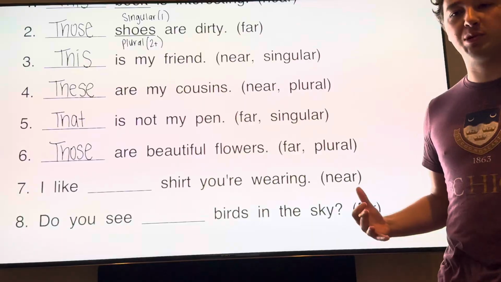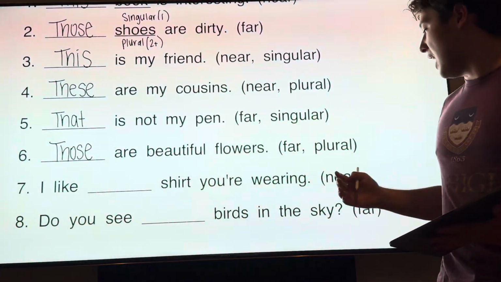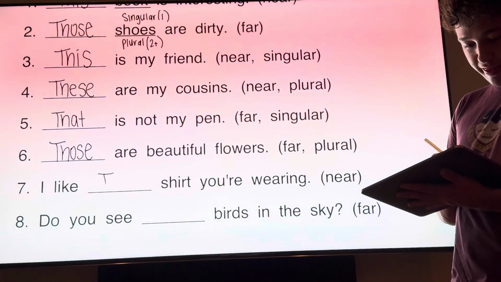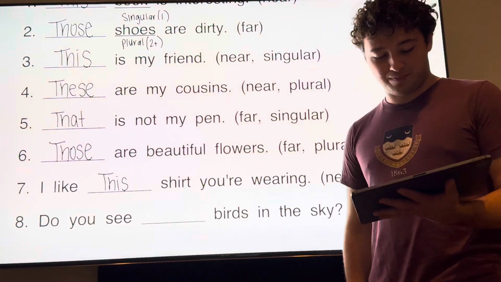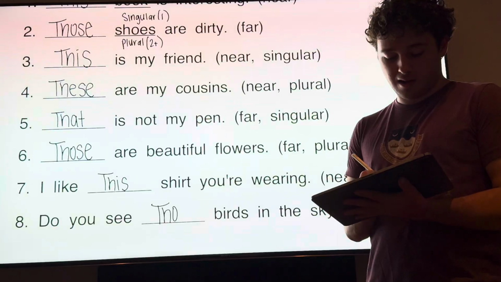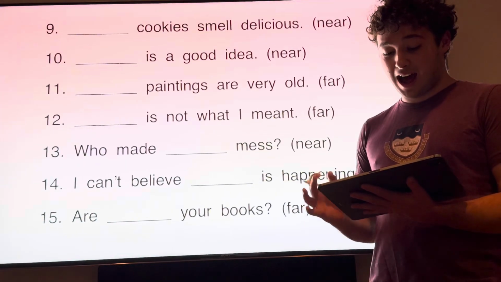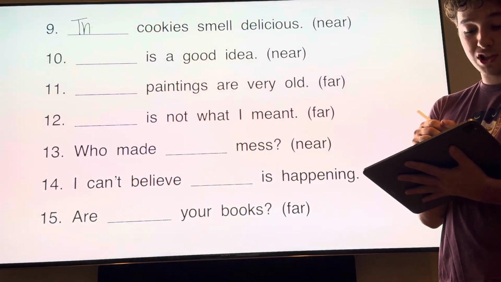Okay, now that we've gone through a few, I'll do 7 through 15 a little faster. 7, I like blank, near: this shirt that you're wearing. Do you see those birds in the sky? Plural and far. 9, these cookies smell delicious.